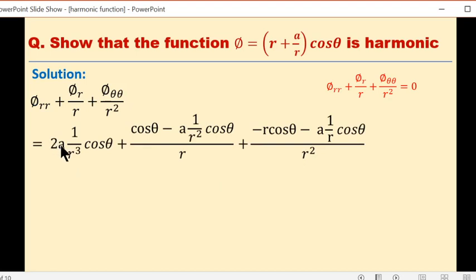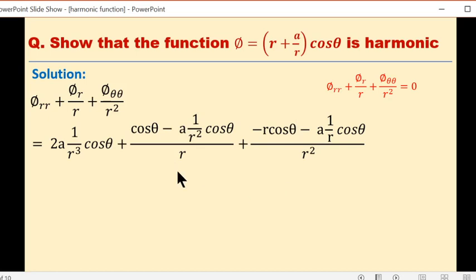So 5rr was 2a into 1 upon r cube into cos theta, plus 5r is cos theta minus a into 1 upon r square cos theta upon r, plus 5 theta theta is minus r cos theta minus a into 1 upon r cos theta upon r square. So this is what we have got. Now we need to simplify this.